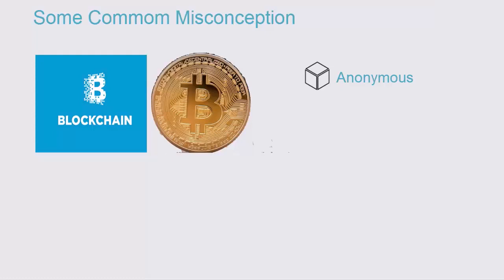Bitcoin is actually pseudonymous, and this is because when you are in the Bitcoin network, your Bitcoin address is your identity, and every transaction done on the Bitcoin network keeps a permanent record on the open blockchain.